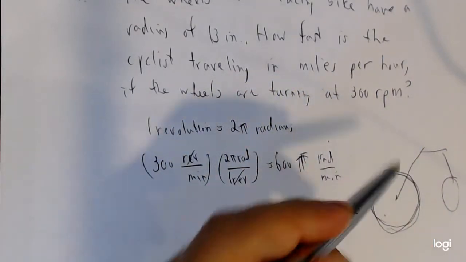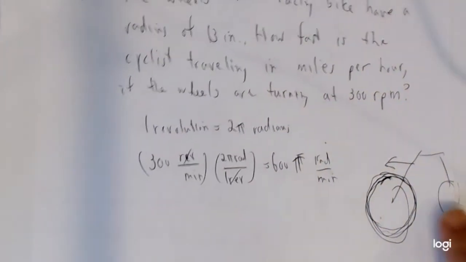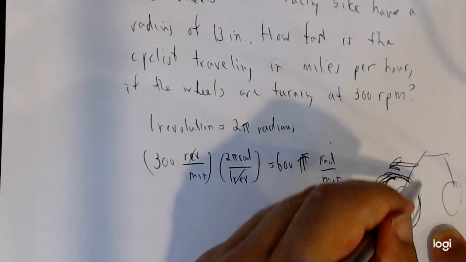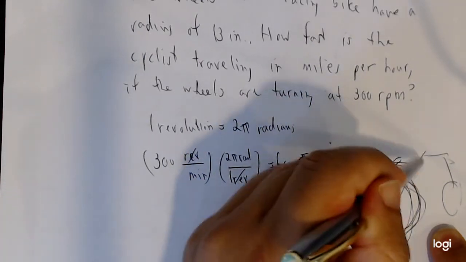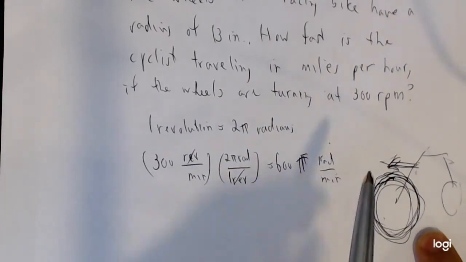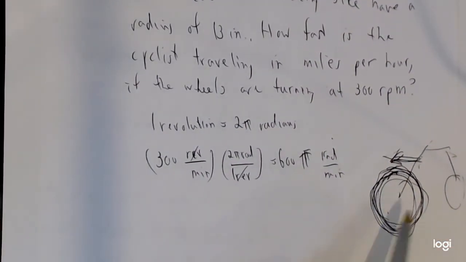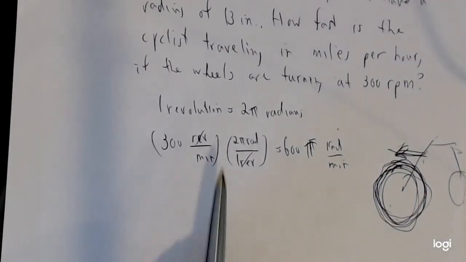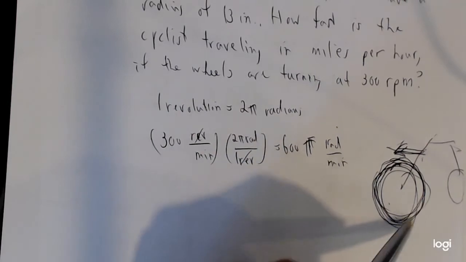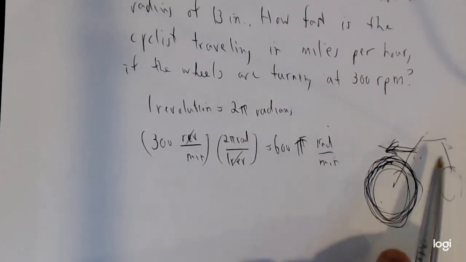The linear speed of this tire is going to give you the speed of the bike, which is why it gets the name linear speed, because if this spins, the bike moves in a line, and how fast the bike is moving is the same as the linear speed of the object moving around the circle, around this tire. So since I have the angular speed, I could use it to find the linear speed of the tire, which would then give you the actual speed of the biker.